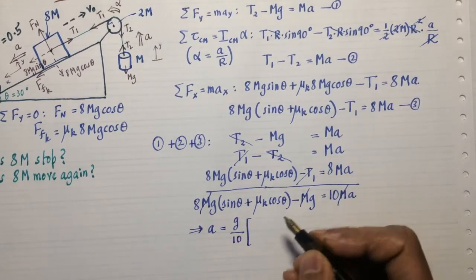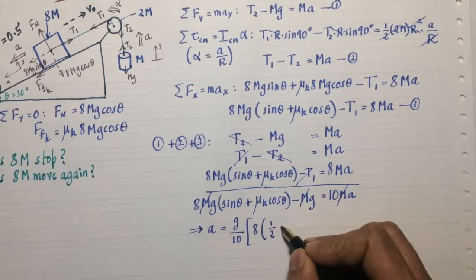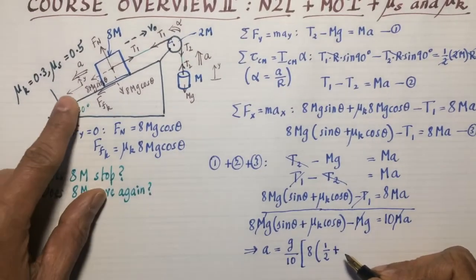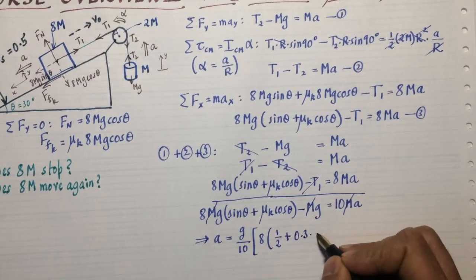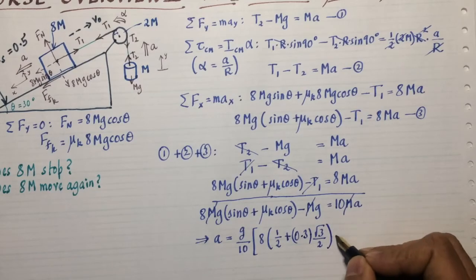And then I'll finally put what theta is. Theta is 30, so sine is half, plus mu kinetic, which I said was 0.3. Cosine 30 is root 3 over 2, minus 1.